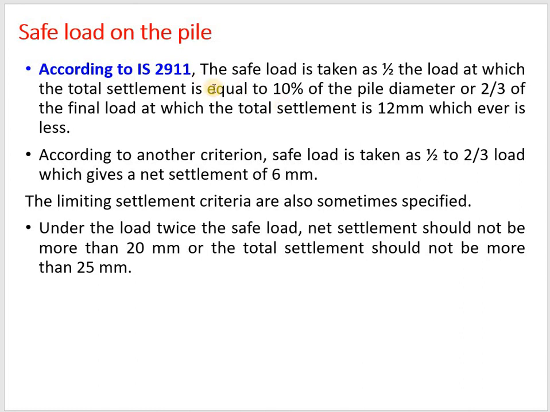Also you check the load for which the settlement is 10% of the pile diameter, and you take the minimum load. Another method is the second point, 2/3 of the final load. You know the ultimate load, so take 2/3 of that load, find the settlement corresponding to it, and also find the load corresponding to 12 mm settlement, and take the minimum load as the safe load. That is how, according to IS 2911, we determine the safe load.